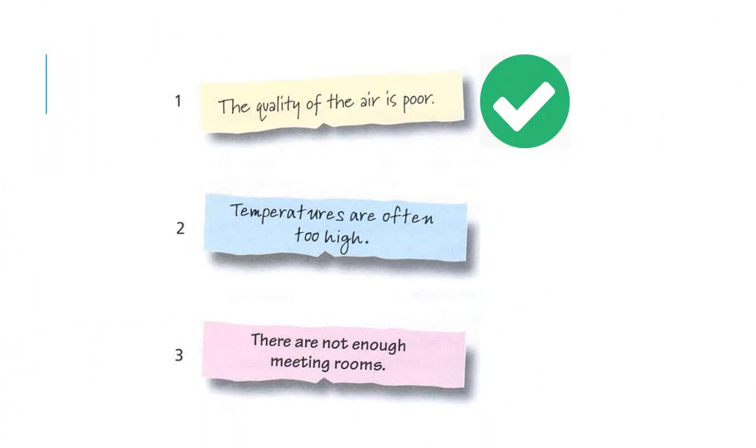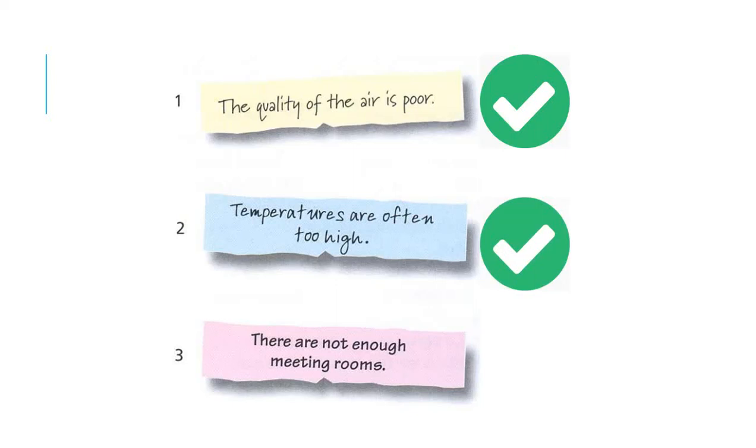So when the quality of the air is poor, it means that it is not the best air to breathe. The second complaint says temperatures are often too high. When temperatures are high, they're really hot, right? So you feel uncomfortable because it's really hot.